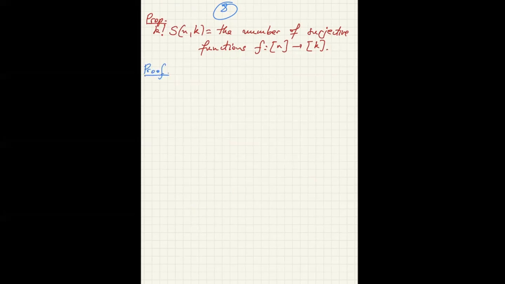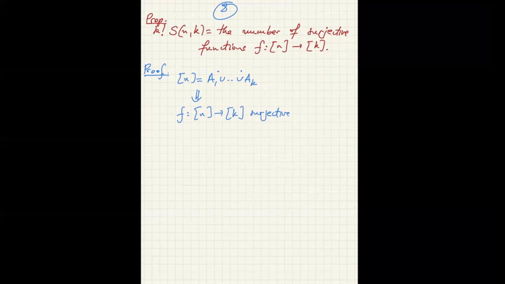Okay. Well, if I take a partition, so let's take a partition of N, which is A1 union blah blah blah union AK, where all these A1, A2, AK are disjoint. Then I can make a function F from N to K that is surjective as follows.